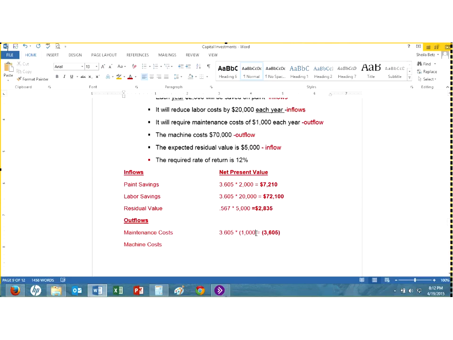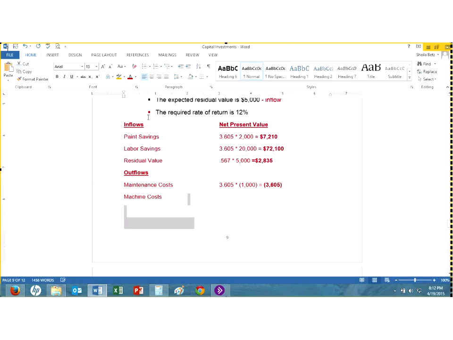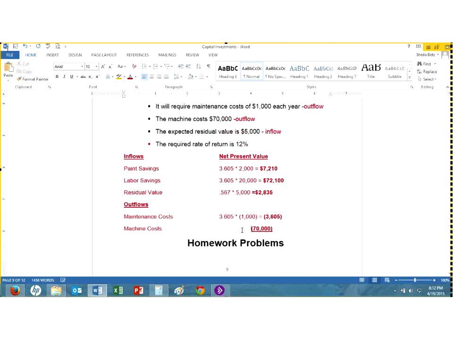That $1,000 we're going to spend for the next 5 years is worth, in today's terms, the equivalent of us spending $3,605. Now the machine cost, that dollar amount is happening today. So that $70,000 for the machine cost is going to occur today, all right?